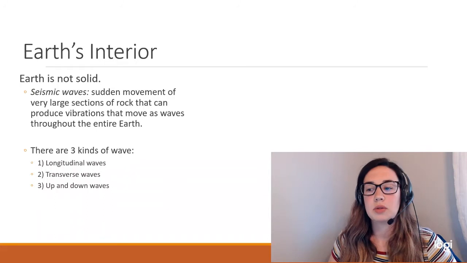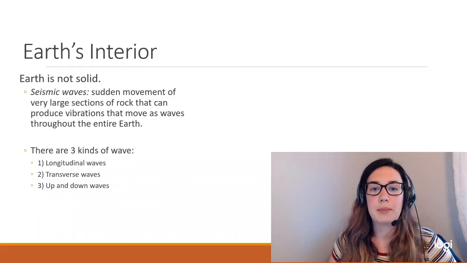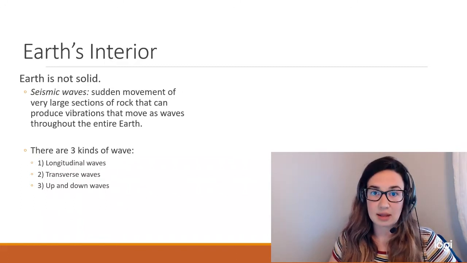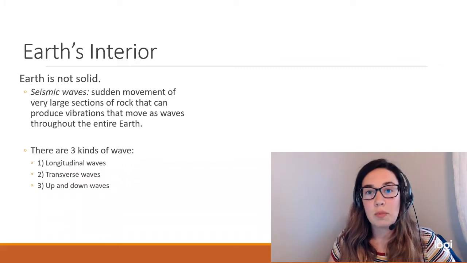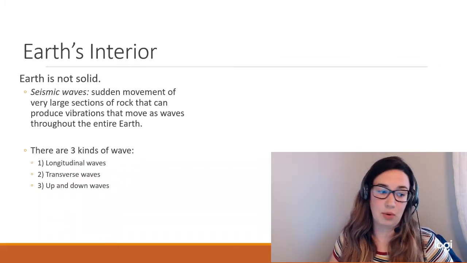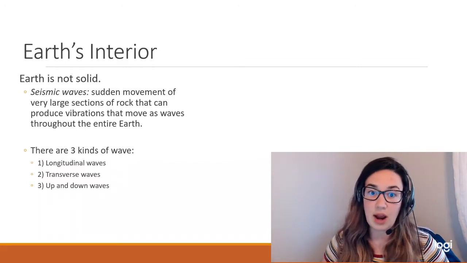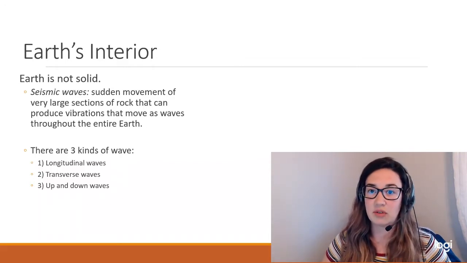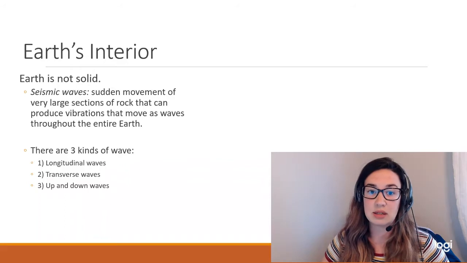Okay, so let's talk a little bit about Earth's interior. So one thing that we do know is that Earth is not solid. I mean, even though when we go about our day here on Earth's surface, and over time, you know, our interactions with the environment, we might think that Earth itself is solid, but it actually is not.